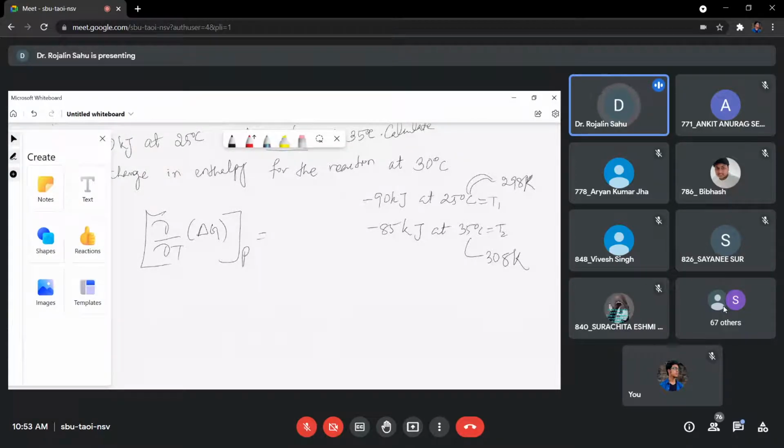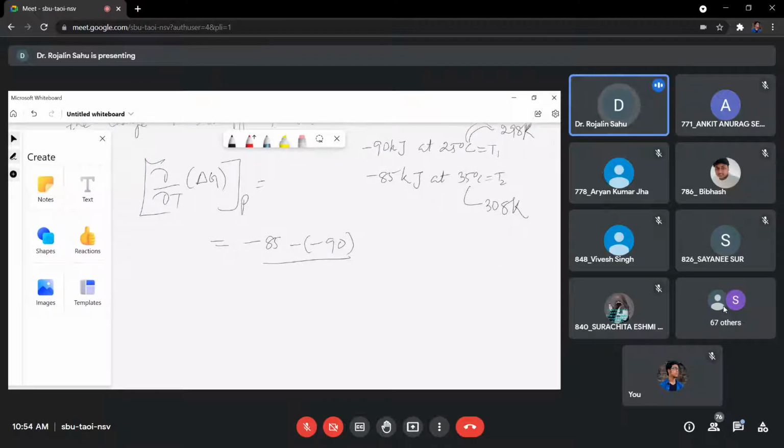So you can put minus 85 minus of minus 90 divided by delta T, which is 308 minus 298. How much is this? 0.5 kilojoule per Kelvin.